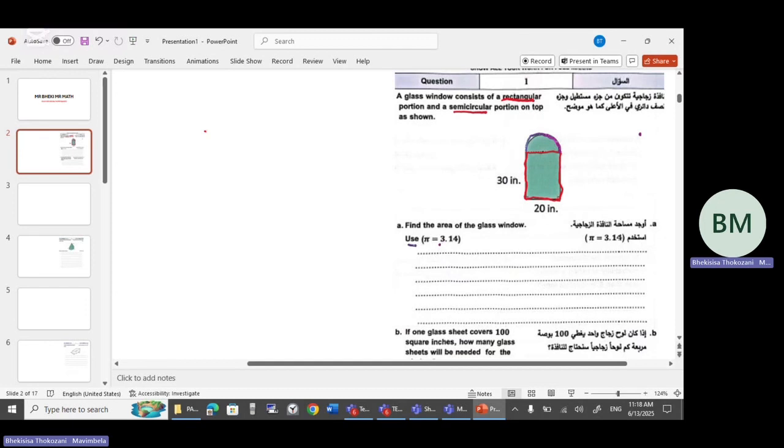So firstly, for us to find the area, we need to remember the formulas first. I'm going to start with the first formula, for the semicircle: the area of a semicircle.